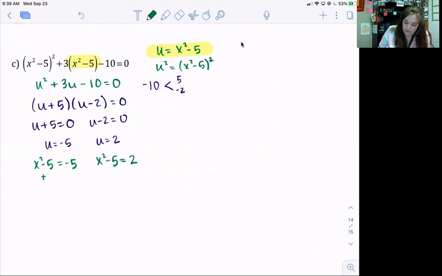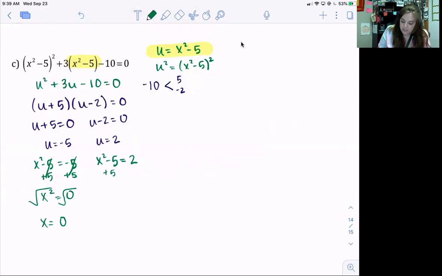We want to add 5 to both sides. So x squared equals 0. Square root both sides. When we square root, we normally put plus or minus, but plus or minus 0 is still 0.